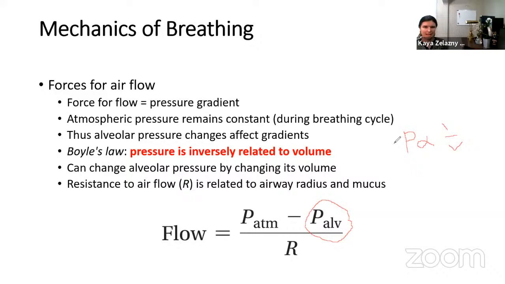So basically, as we increase a volume, drawing an up arrow next to the V here. So if V gets bigger, we're dividing by a bigger number. These are inverses of each other. So as we increase volume, pressure will go down. And the reverse will also be true. So I'm going to grab us another color.